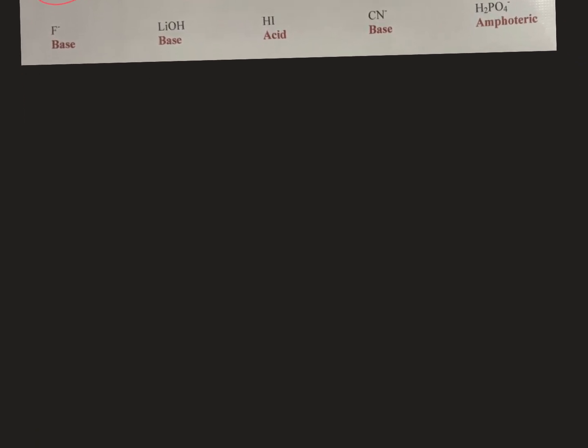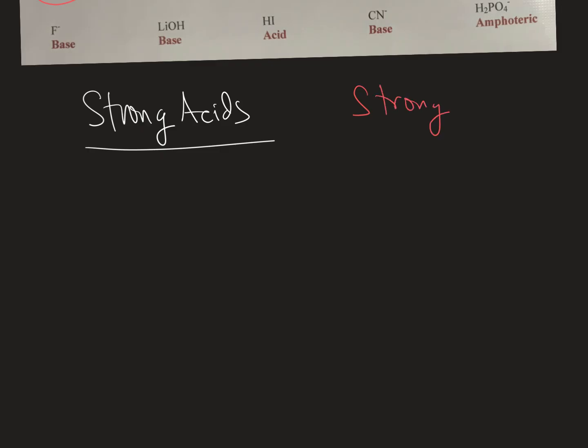All right, let's talk about strong acids and strong bases. This is going to tie into our solubility chart. There's really only one strong base, and it is anything with hydroxide.